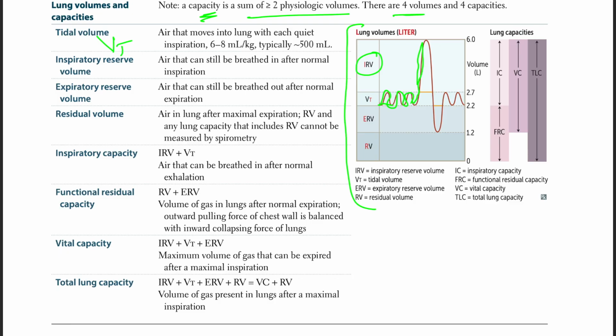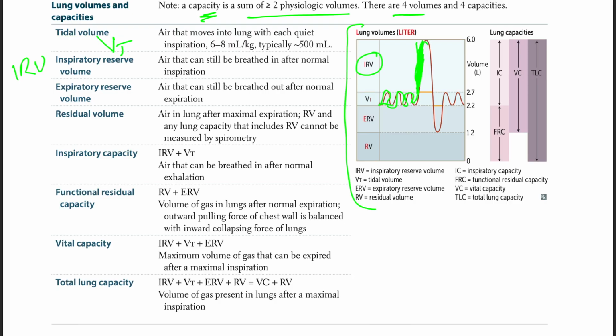This is the max you can breathe in. After this, you're like, I can't. So VT is your normal breathing, while IRV is your maximum, deep inhalation.